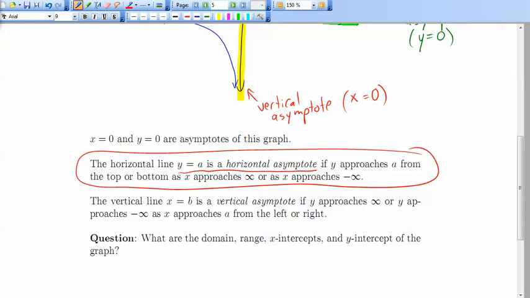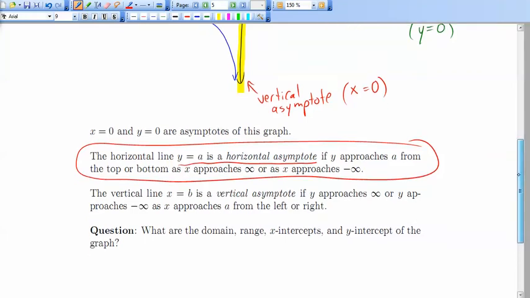And as we said, a vertical asymptote is a vertical line that the graph goes off the top or the bottom of the page to avoid. So the y-coordinates will be getting arbitrarily large and positive, or arbitrarily large and negative, as x gets closer and closer to that particular value.